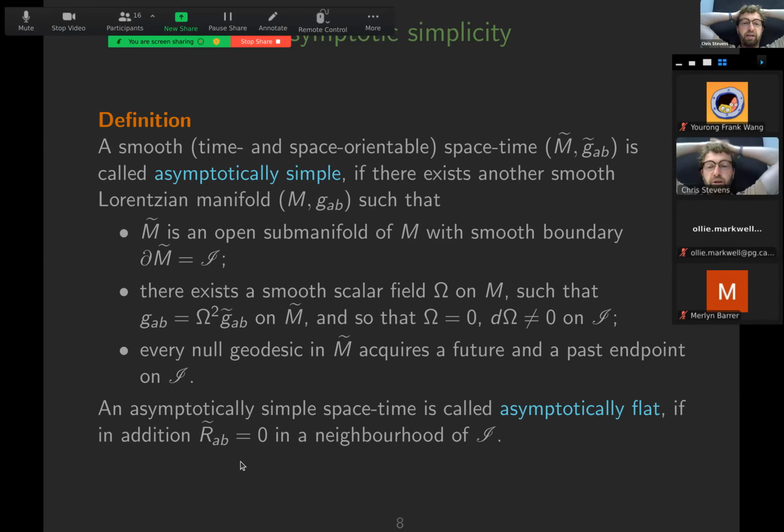But simple is that this is lambda times g. If you have a cosmological constant, then the structure of your conformal boundary is completely different. At the moment we're just going to be dealing with asymptotically flat spacetimes, but all the equations that we'll derive are actually valid for any asymptotically simple spacetime.